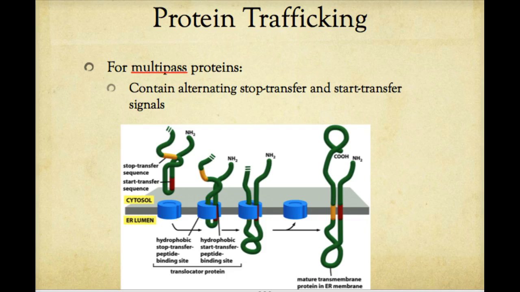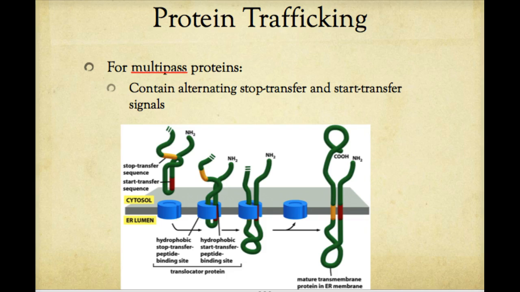How do we get a protein to insert itself across the membrane several times? We're not going to get into this in any detail, but just to finish up today, I want you to know that the way the cell can achieve this is by placing alternating stop transfer and start transfer signals inside of a protein's amino acid sequence.